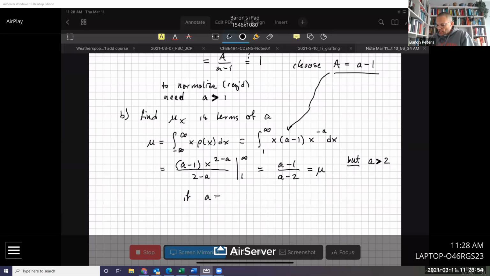So if we did a equal 1.5, I can normalize that distribution. I can calculate the fraction of children that lie in any particular interval, and yet my mean diverged, went to infinity, okay? And that means that for this distribution with x to the minus 1.5 power, all children would be below average.